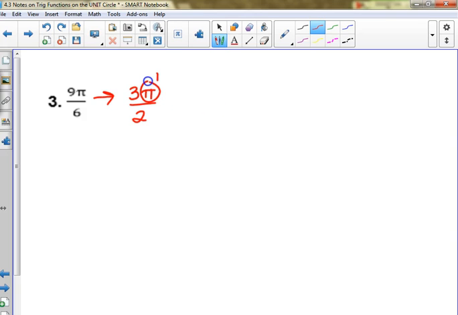Now, if pi is 180, guys, I'm trying to help you do some mental math here. If pi is 180, divide that by 2 and you get 90. Times 3 is 270. So this angle is really right here. Reference angle doesn't have one.